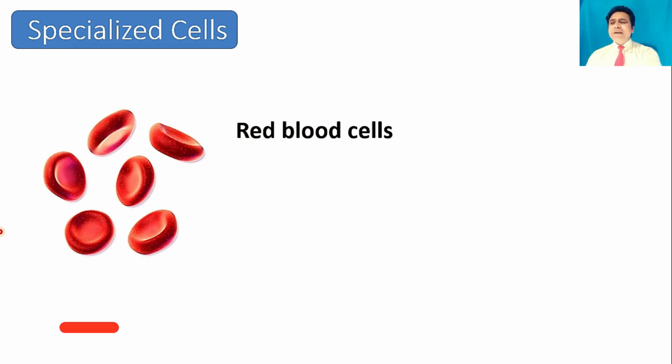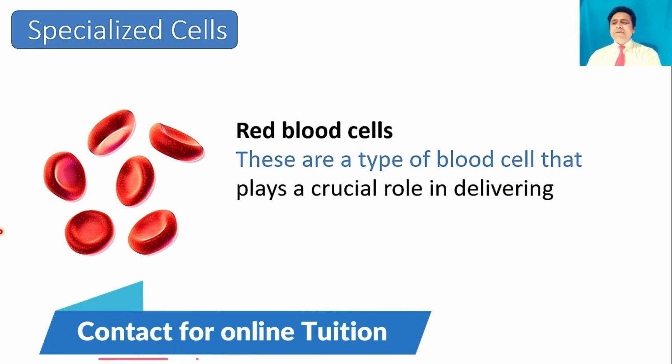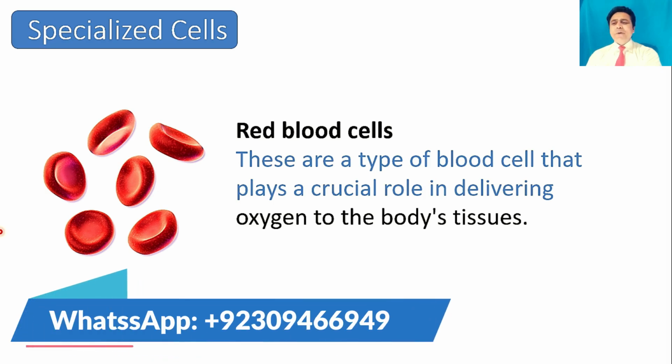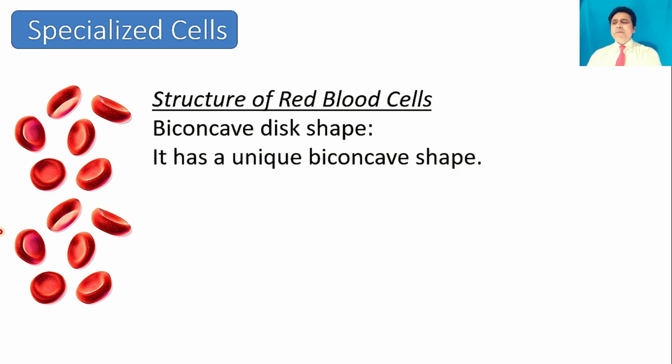These are red blood cells. They are a type of blood cell that plays a crucial role in delivering oxygen to the body's tissues. Structure of red blood cells: biconcave disc shape, a unique biconcave shape.